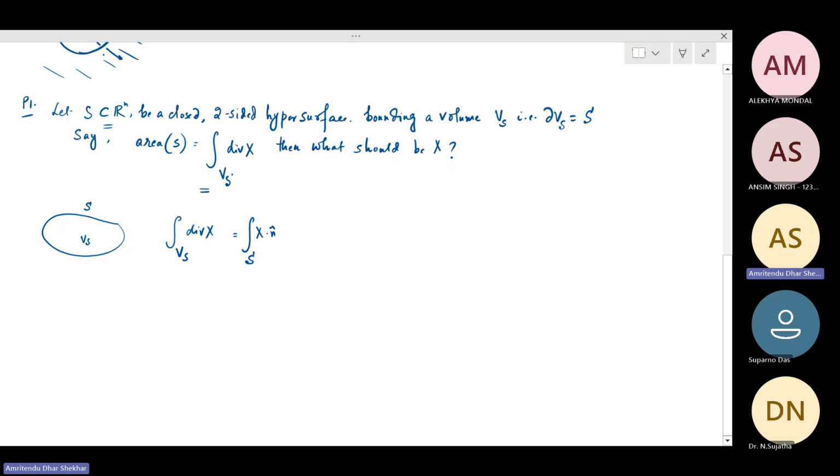Now, of course, I hope you understand what these integrals mean. This is a volume integral. This is a surface integral. If I write this a bit more carefully, this is divergence of X over a volume element in Rn, which is going to be basically equal to dx1 up to dxn.